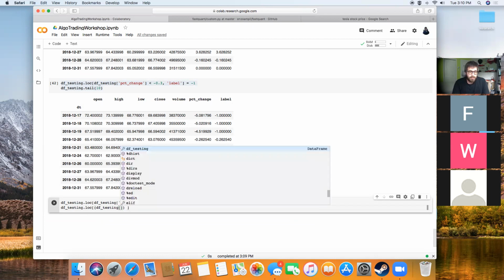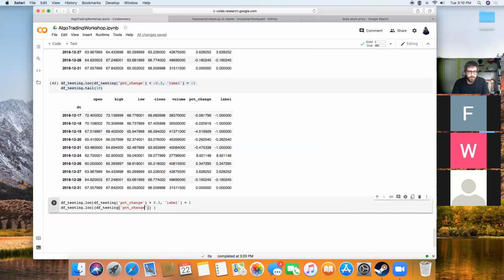So if the percentage change is greater than -0.3 and the percentage change is less than 0.3, this is where we are in between.